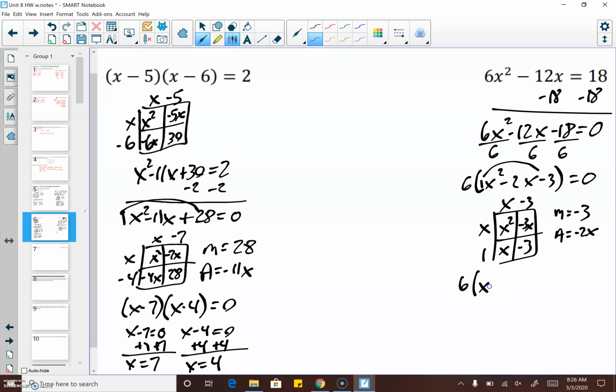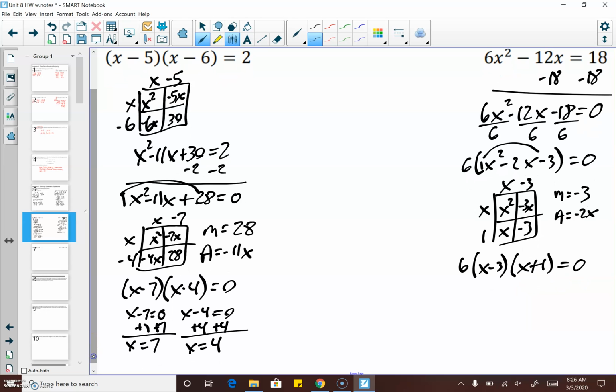We end up with 6, x minus 3, and x plus 1 equals 0. Remember, if there is no variable on the outside, we don't have to worry about that 6. So the only thing we have to do then is set each of the parentheses equal to 0. So we subtract 1 on both sides, get x equals negative 1. We add 3 to both sides and get x equals positive 3.